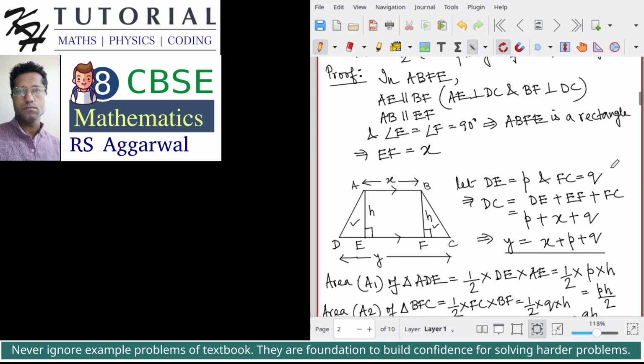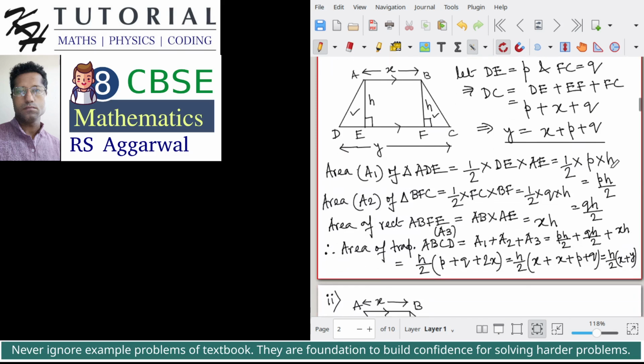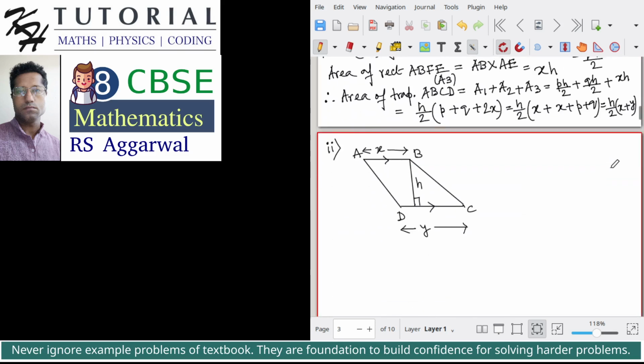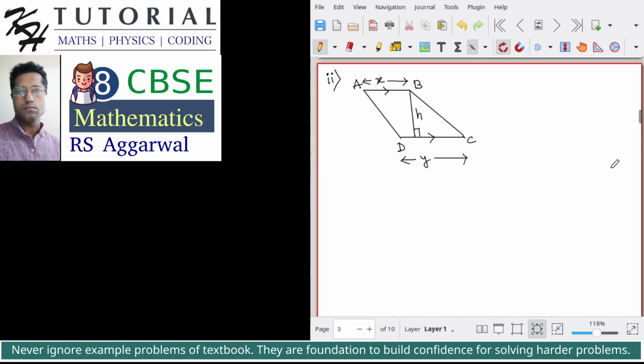Now, just for the sake of completeness, let's see how this same formula will apply for a trapezium whose shape is like this. In the trapezium ABCD, we have AB parallel to DC.